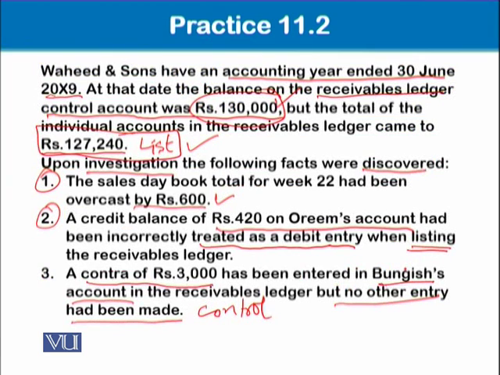The third point: a contra of 3,000 has been entered in Bungish account in the receivable ledger, but no other entry had been made. So the individual account has correctly been affected with this contra, but in the control account we could not put this entry.